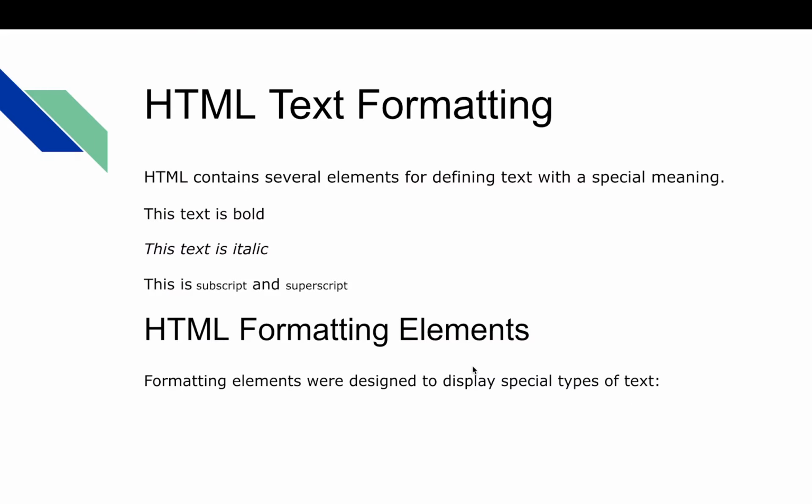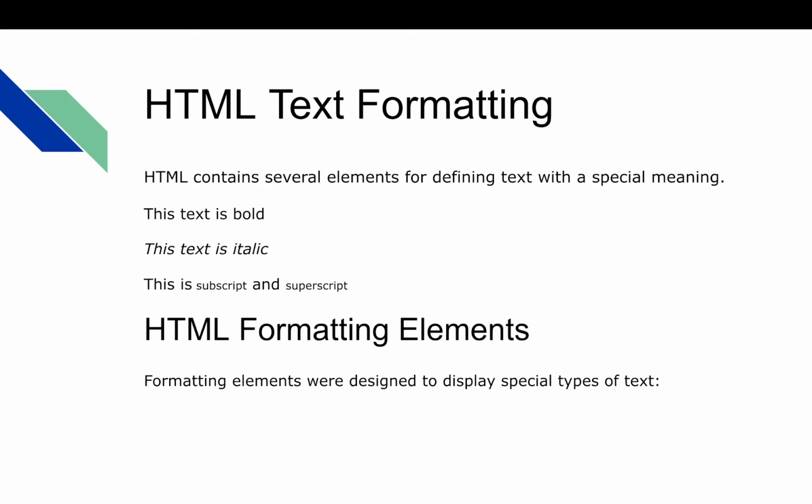So let's start with HTML text formatting. HTML contains several elements for defining text with a special meaning. Let's take for instance, in your normal Microsoft Word, when you are typing, you can decide to make your text bold, or italics, or the normal default value.